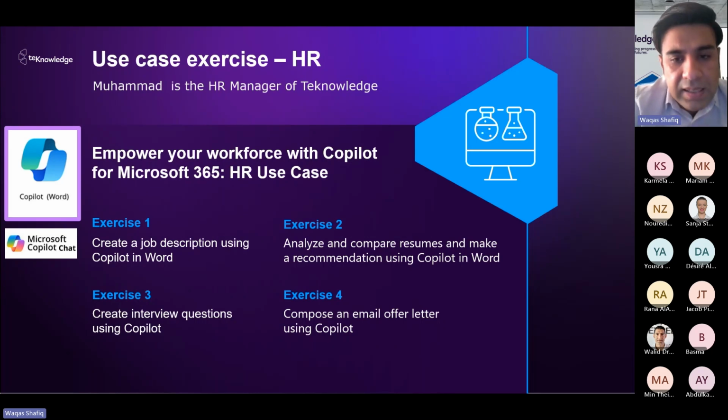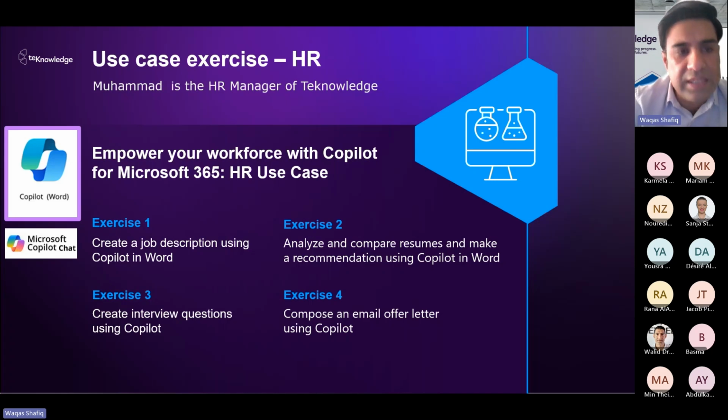Then imagine you have an open role available on LinkedIn, and maybe you get hundreds of applications for that role. In my case, let's say for one role, you have 3 resumes which the HR manager received.